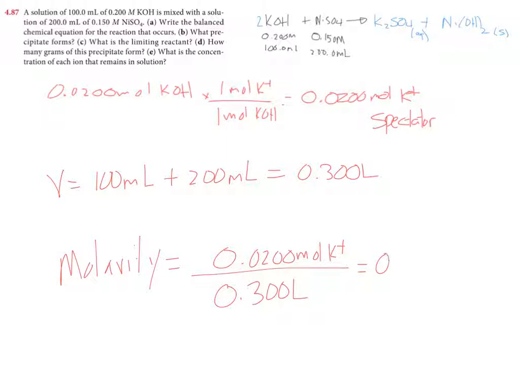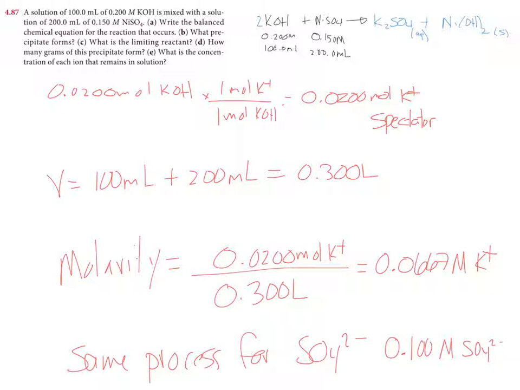But now our solution has a volume of 300 milliliters. So to find the molarity of the potassium ions, we take the number of moles of potassium ions, divide it by the volume of the solution. That's 100 milliliters from the potassium hydroxide and 200 milliliters from the nickel(II) sulfate. And we get 0.0667 molar potassium ion concentration.